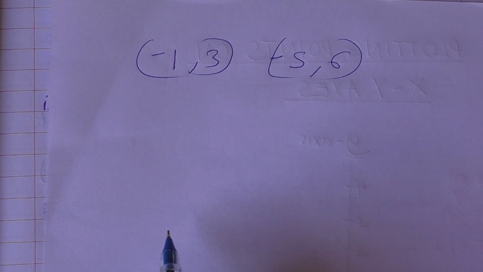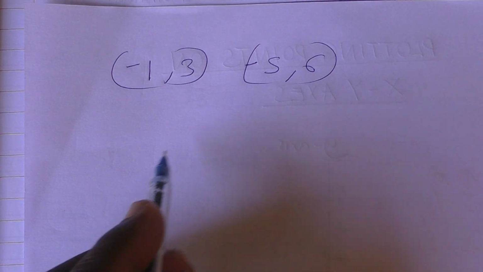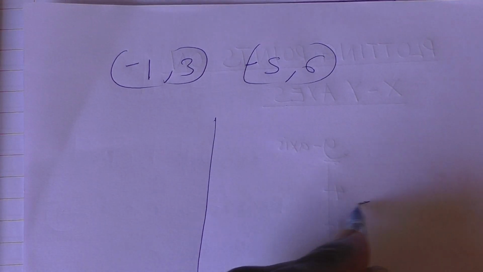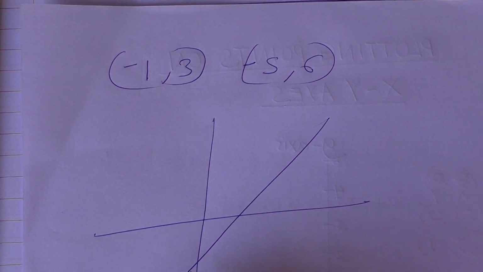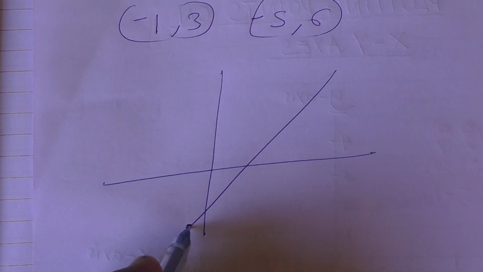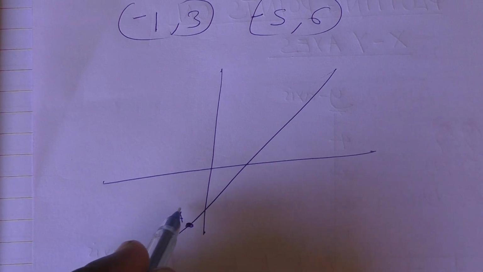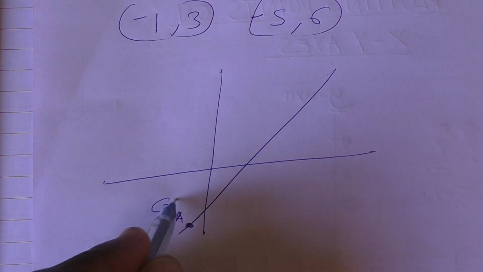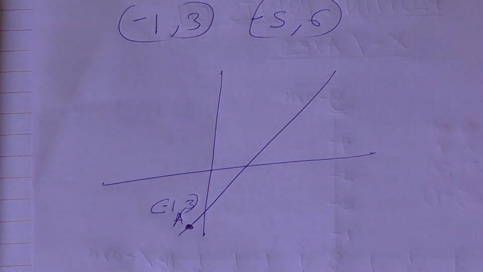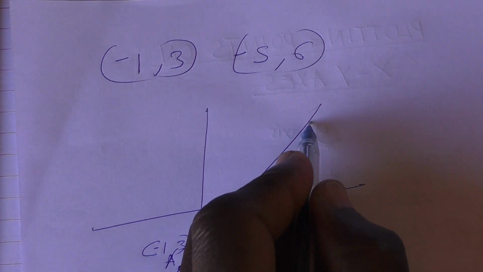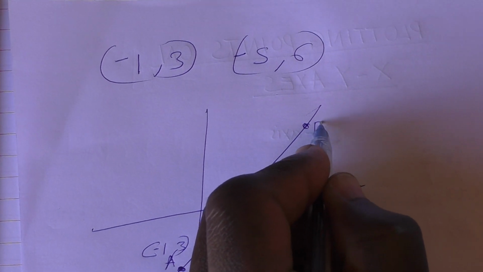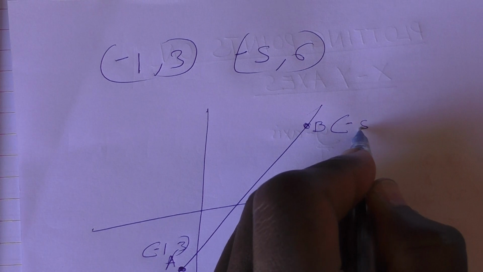So assuming this is our Cartesian plane, and this is point A, which is negative 1, 3, and this is point B, which is negative 5, 6.